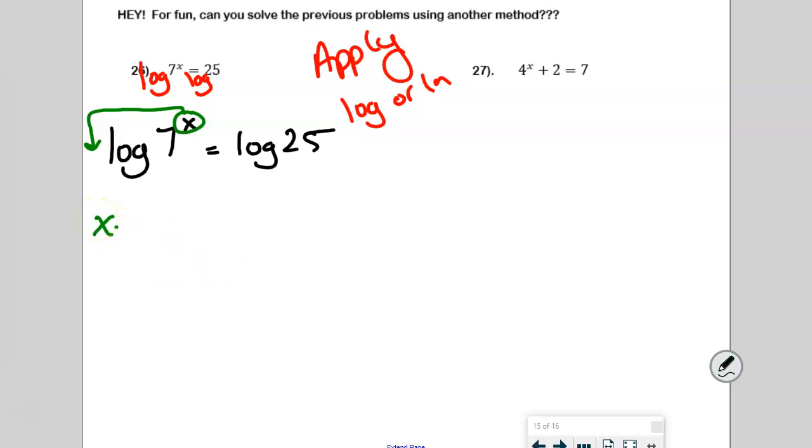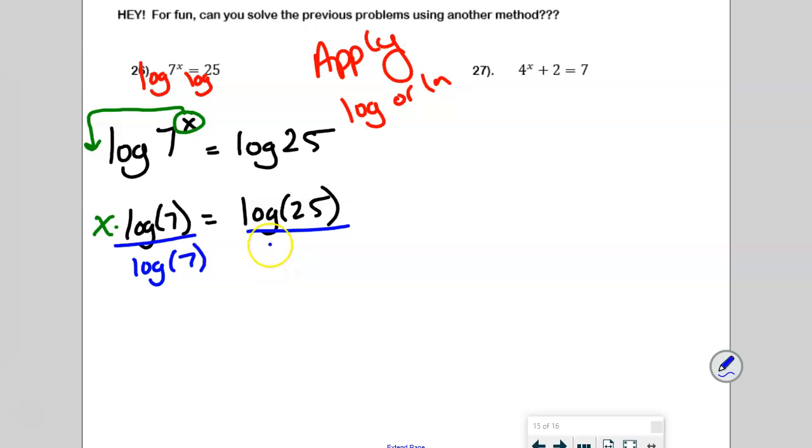So this now says x times the log of 7 equals the log of 25. And then remember, log of 25, hideous number, log of 7, hideous number. I'm just solving for x. So my final step here is to divide by the log of 7. And now I'm going to have to type it in my calculator, obviously, because I don't know what these are off the top of my head.